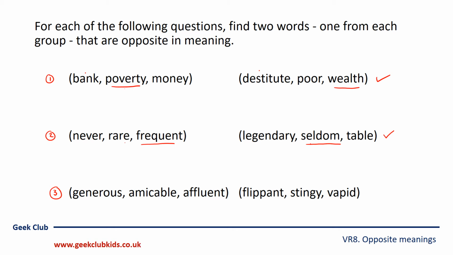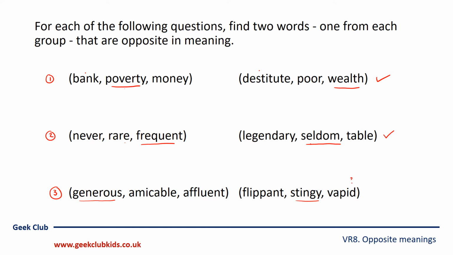Let's do the same with number 3. Generous and flippant, they're not the opposite. Generous and stingy, well, they do mean the opposite. So let's make a note of that. Generous and vapid. Well, I'm just going to pretend that I don't know what the word vapid means. So let's just put a question mark by that. If there are two words that are definitely the opposite, then it doesn't matter if we don't know what vapid means. Okay. Amicable and flippant. So if you're amicable, you're friendly. Flippant, no, that doesn't mean the opposite. Amicable and stingy.